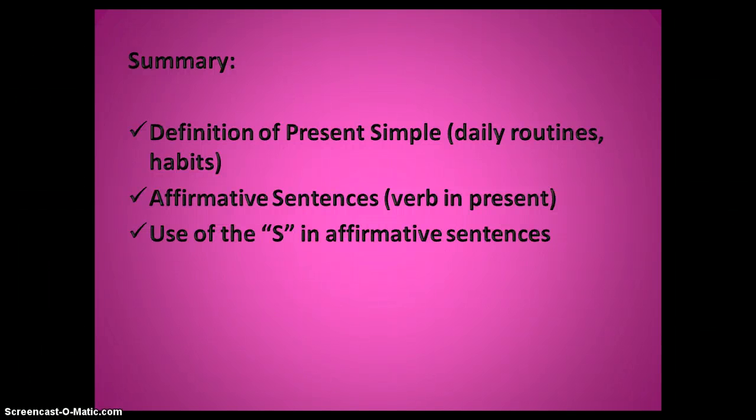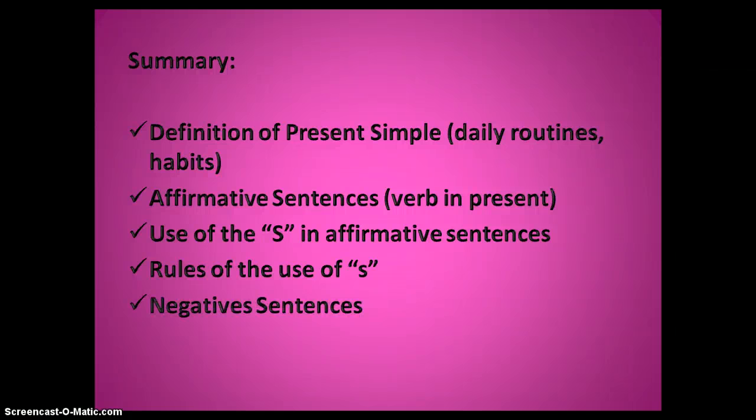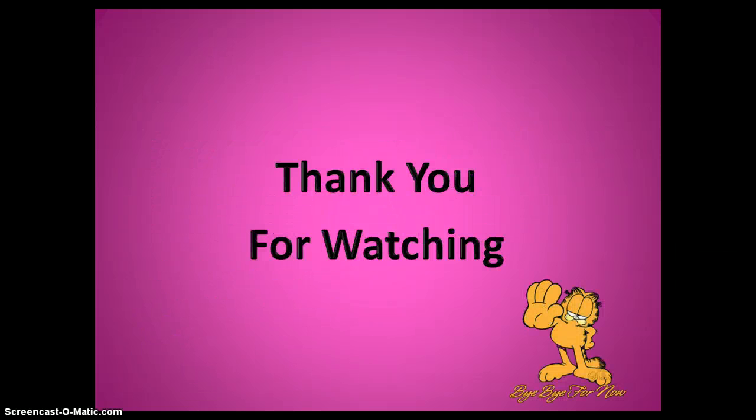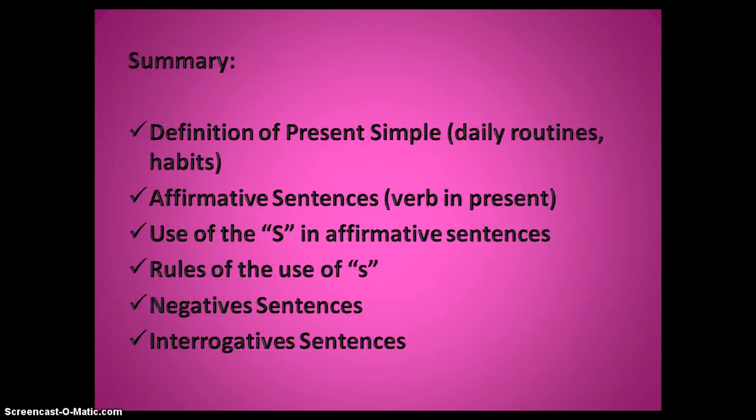Use of the S in affirmative sentences, again. The rules of the use of the S. Then negative sentences, don't or doesn't. And interrogative sentences where you put does or do at the beginning of sentence.